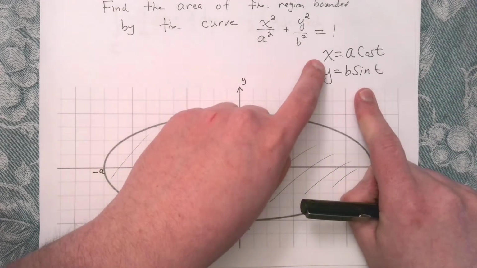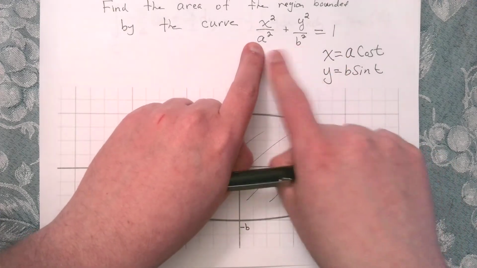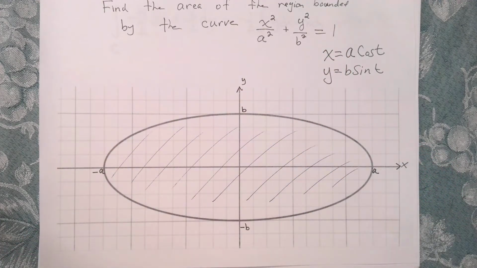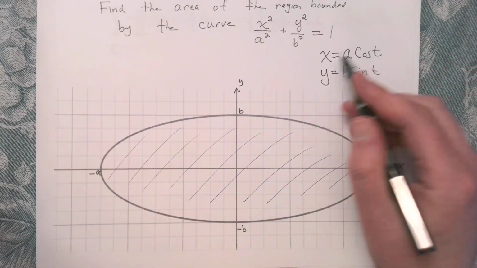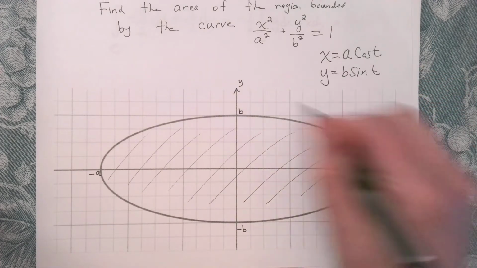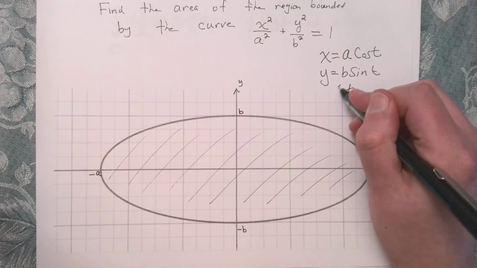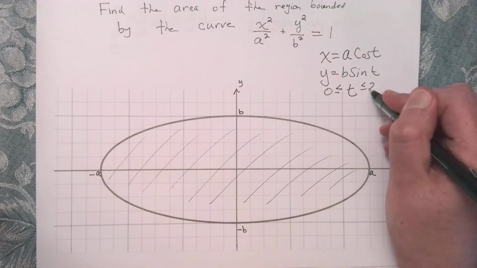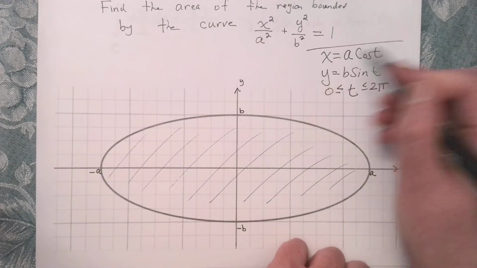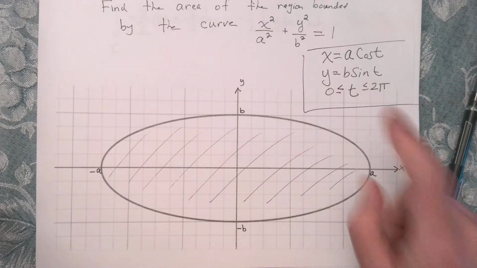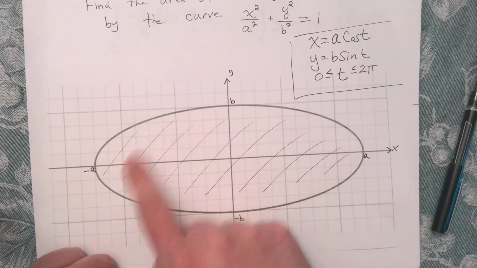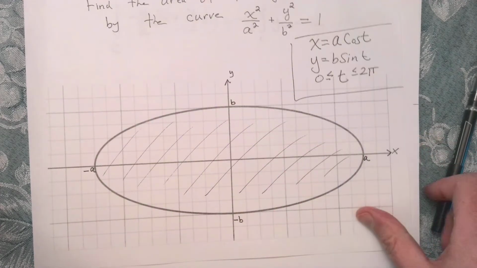And you can verify by substitution that this equation holds because you'll get a Pythagorean identity. Okay, so this perfectly describes our ellipse, but I want to put a condition on t.